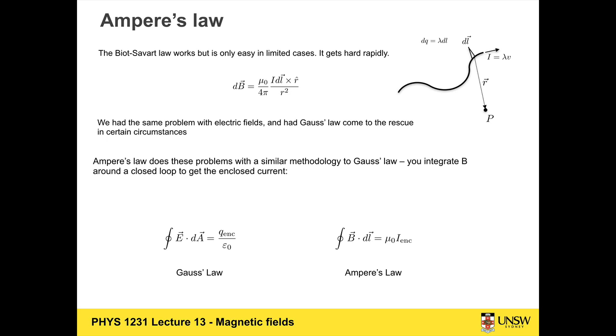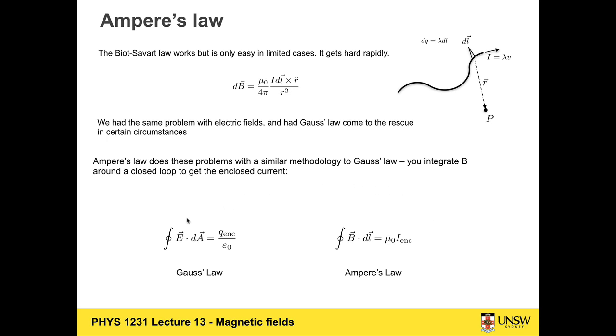Basically, Ampere's law was analogous to Gauss's law, and it told us that if we consider the line integral of the dot product of the magnetic field with this element of our line integral, the value of this line integral would be equal to mu naught times the enclosed current.